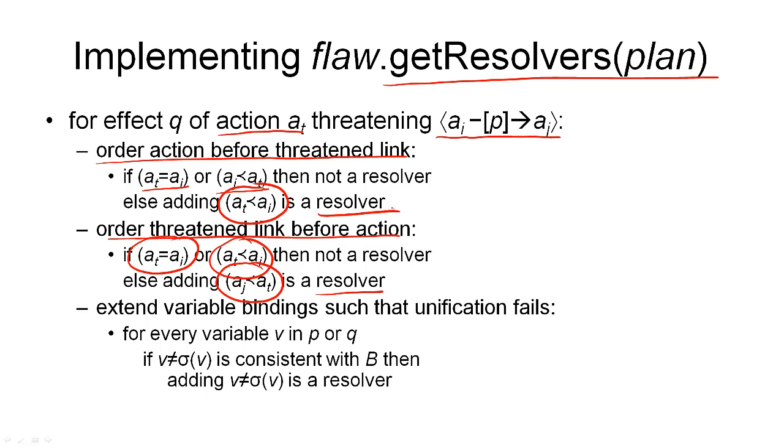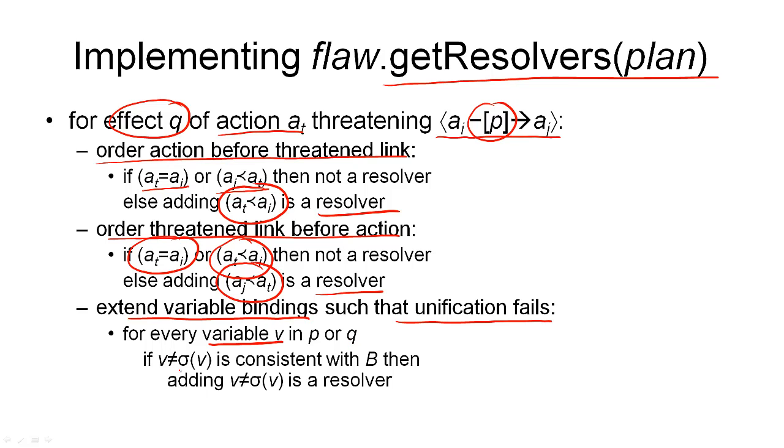The other way in which this type of flaw can be resolved is to add variable bindings such that the unifications that we computed earlier will fail. And here is how we can do that. Remember, it is the effect Q that threatens our proposition P here. So what we do is we go to every variable V that occurs in P or Q and try to make the unification fail on that variable.